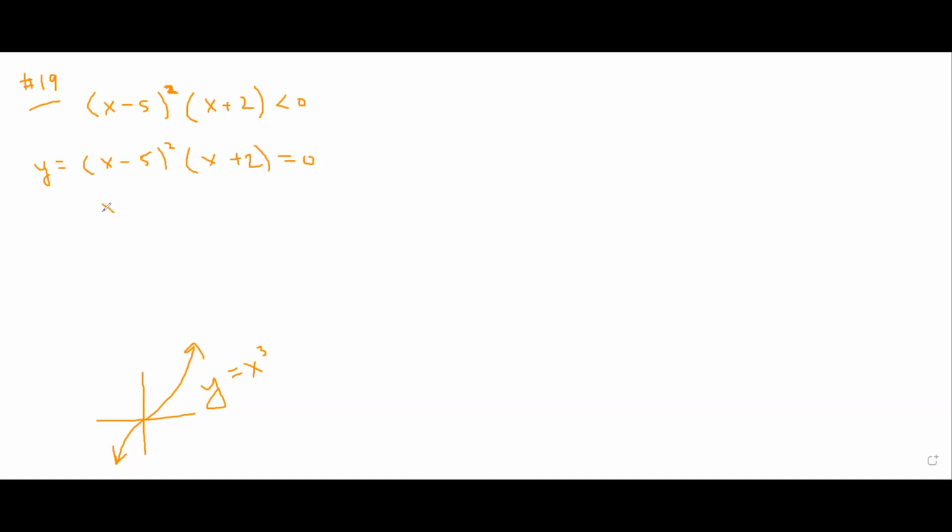Remember, x-intercepts we defined as y equal to 0. So we get a pair of points that should be placed on my x-axis, such as 5 and the other point -2.